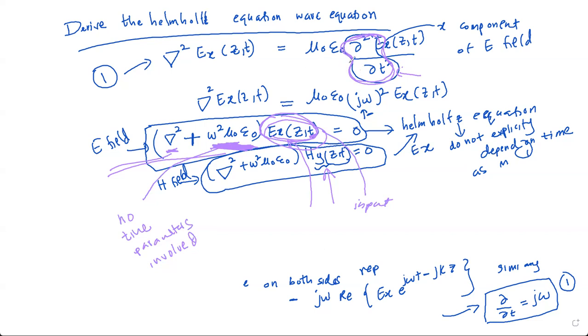So the wave equation and its functions have a direct relationship with time. But the operations in the Helmholtz equation do not have explicit time dependency. I hope it is clear to you.